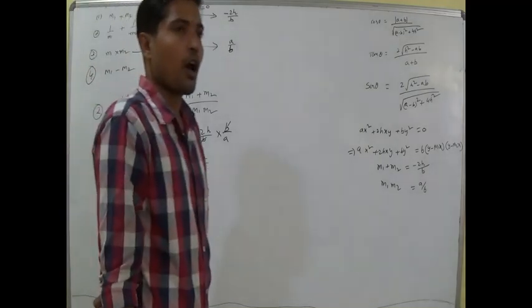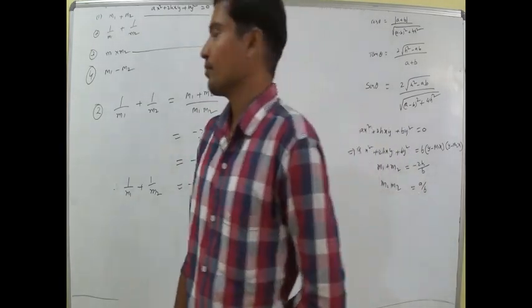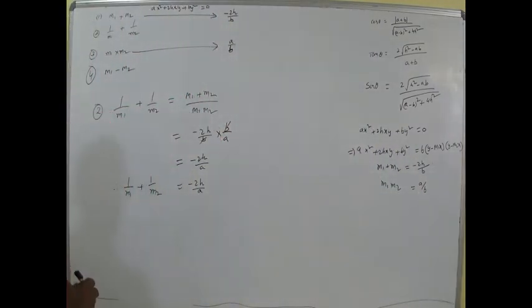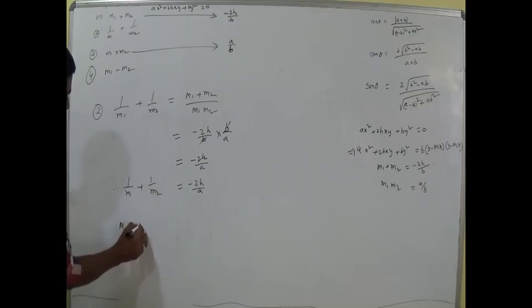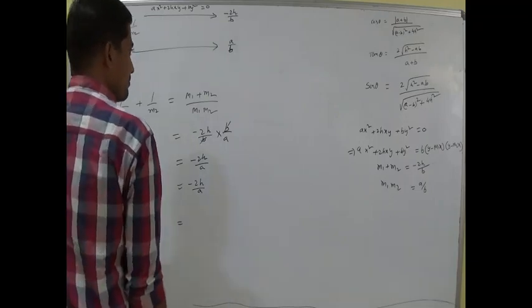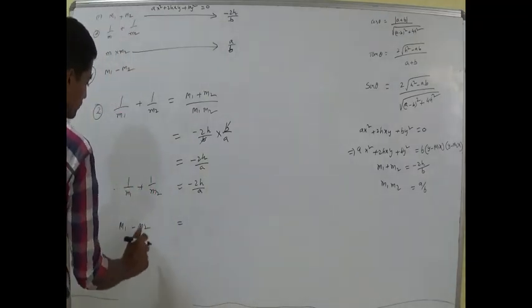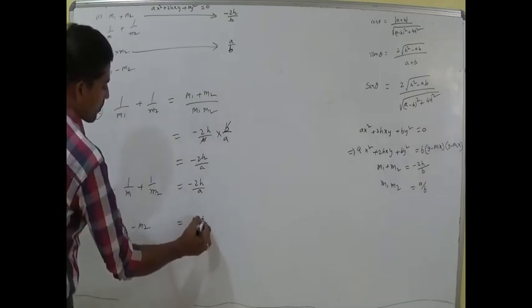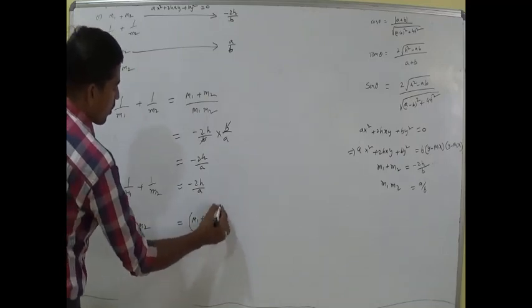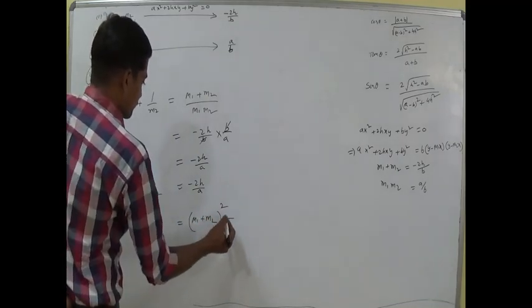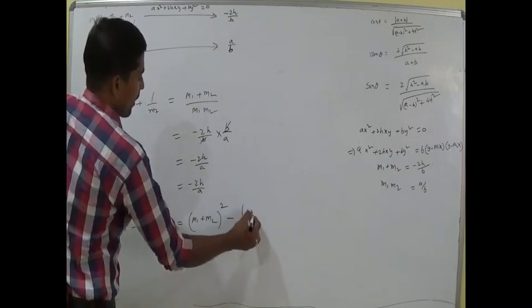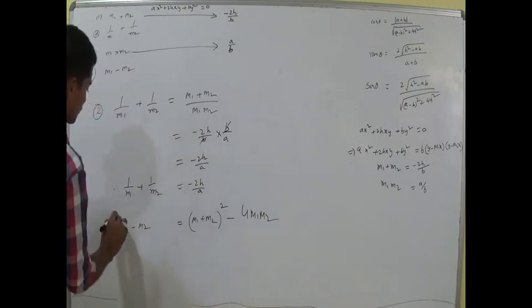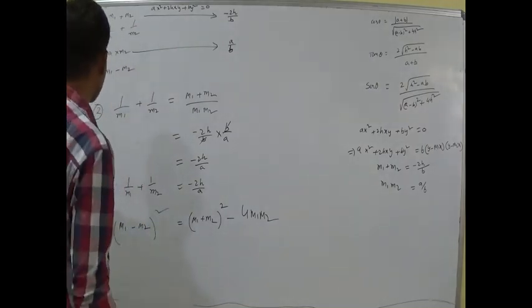Clear? Now m1 minus m2. m1 minus m2 whole square equals (m1 plus m2) whole square minus 4 m1 m2.